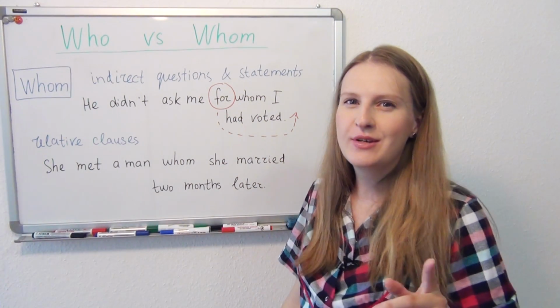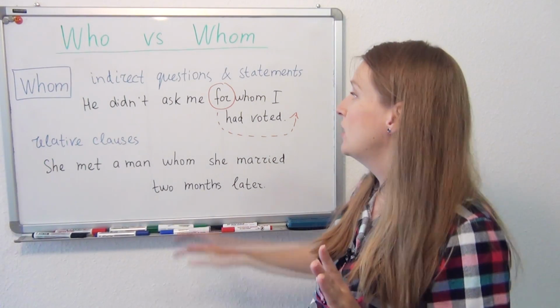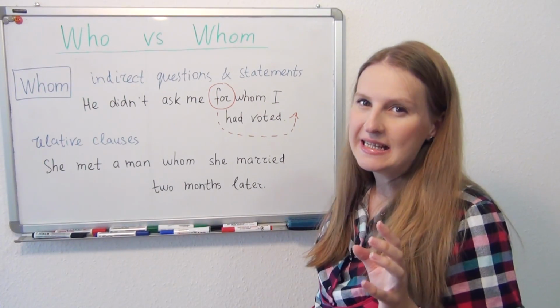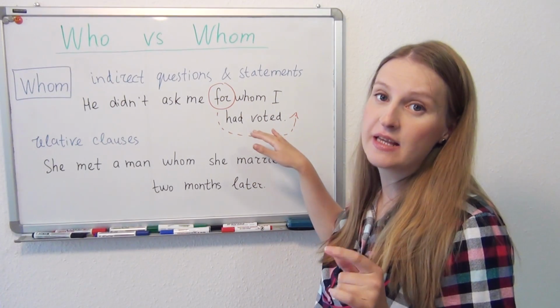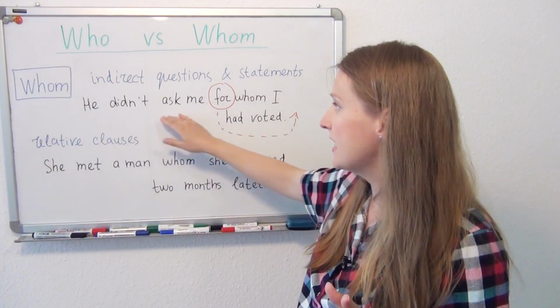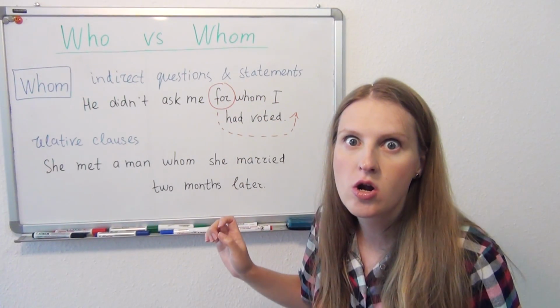Here I want to consider one more interesting aspect. When we use whom with prepositions, we rarely leave the preposition hanging at the end of the sentence as we do with who. So for example, here we can say, he didn't ask me who I had voted for.